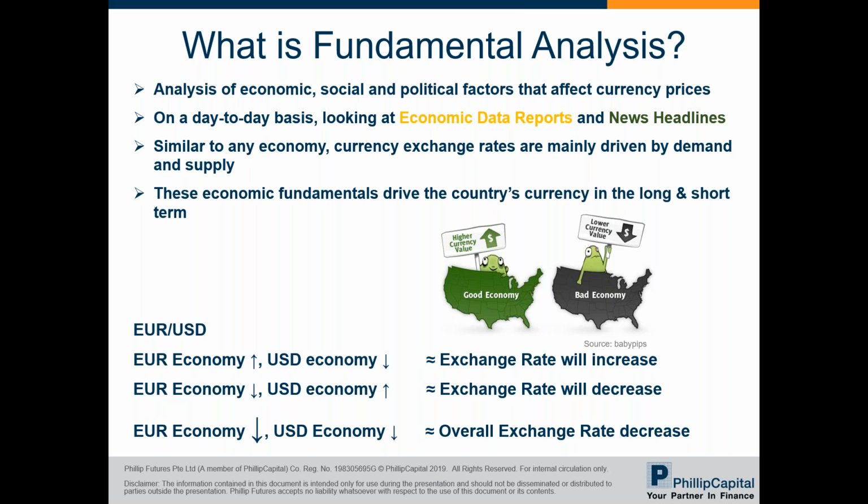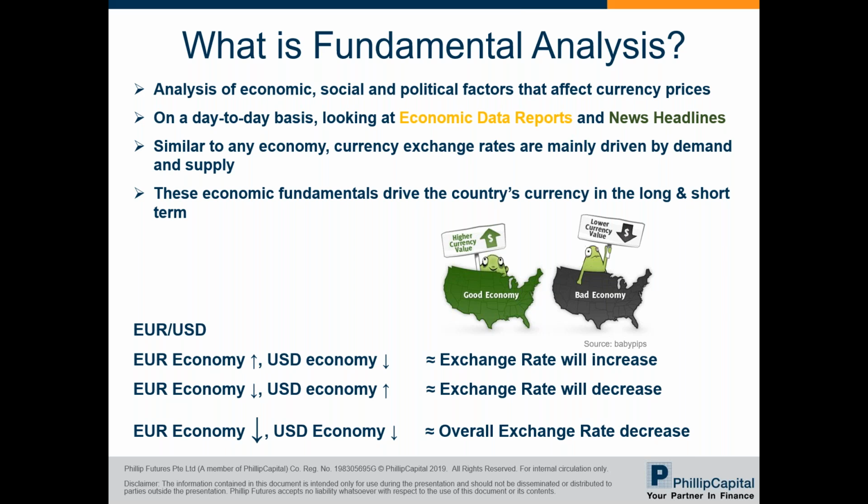If you look at the picture, a good economy basically means a higher currency value, and a bad economy shows a lower currency value. So a good economy equals higher currency value, a bad economy equals lower currency value. I just used the euro dollar as an example of how the exchange rate moves.